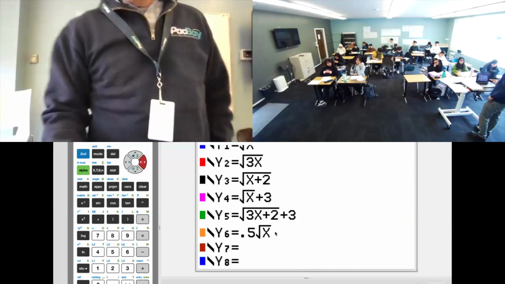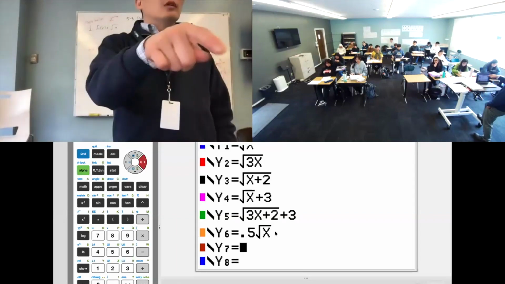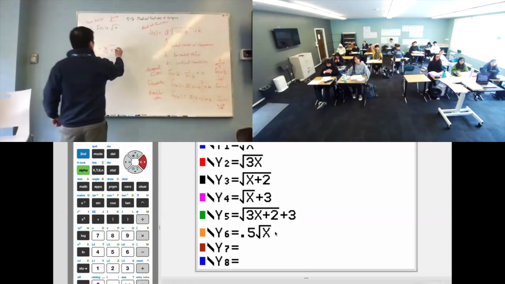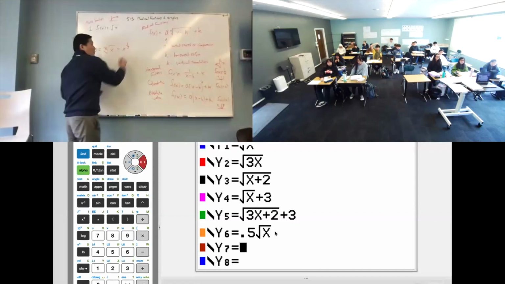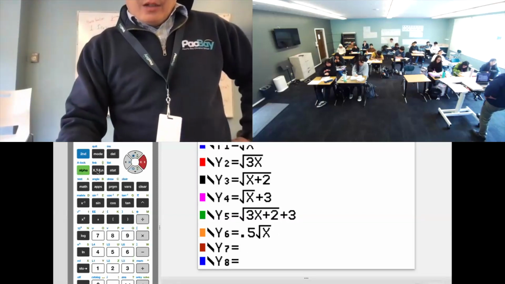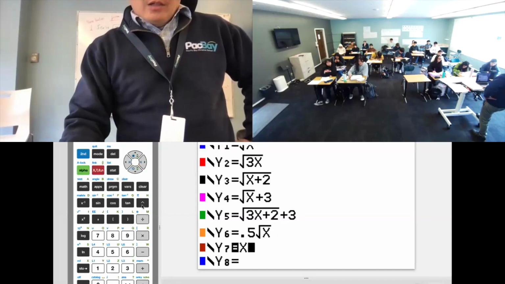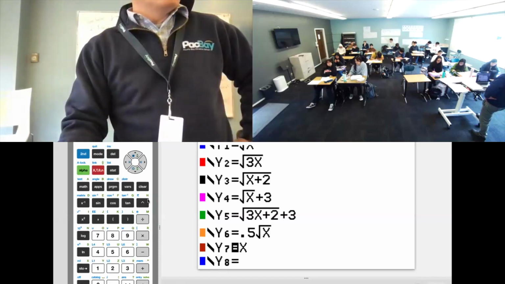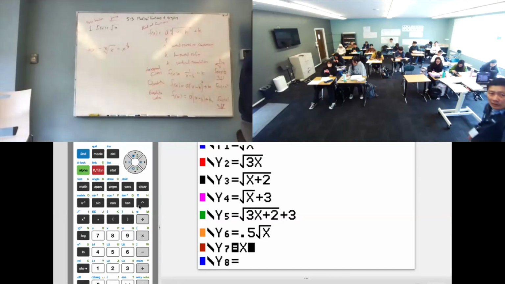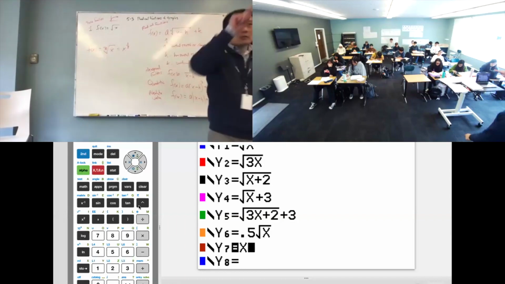There is no cube root button, but you know that cube root just means x to the 1/3 power. So type in x to the 1/3 power. This button is the power button, this little arrow.